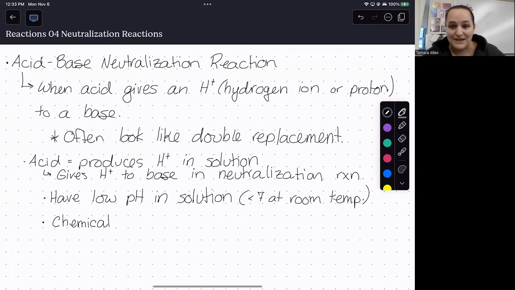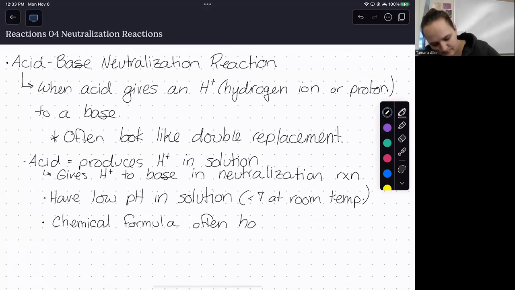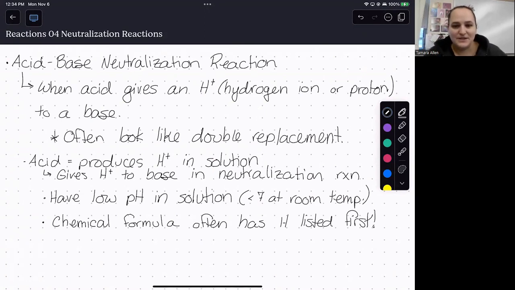They must have hydrogen in them to begin with, and they will often have chemical formulas that start with hydrogen. For the purposes of this course, that is going to be our red flag that something is an acid: if its formula starts with H, we are going to treat it like an acid under the vast majority of circumstances.